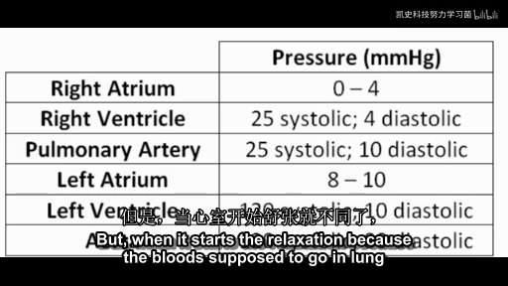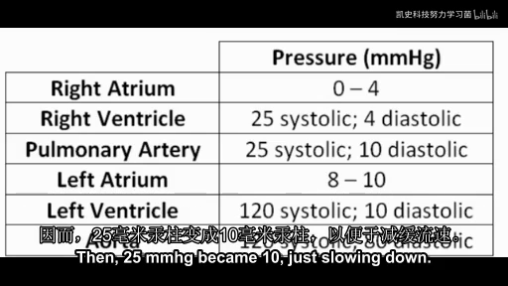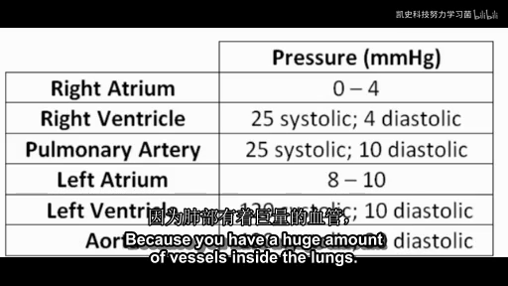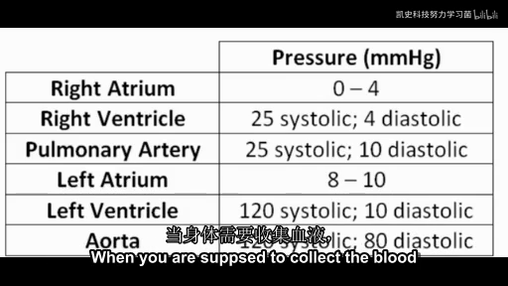But when the relaxation starts, because the blood is supposed to go into the lung like a river crossing the land and going into the earth smoothly, the 25 millimeters of mercury becomes 10, just slowing down, because you have a huge amount of vessels inside of the lungs, and blood goes slowly to each one.